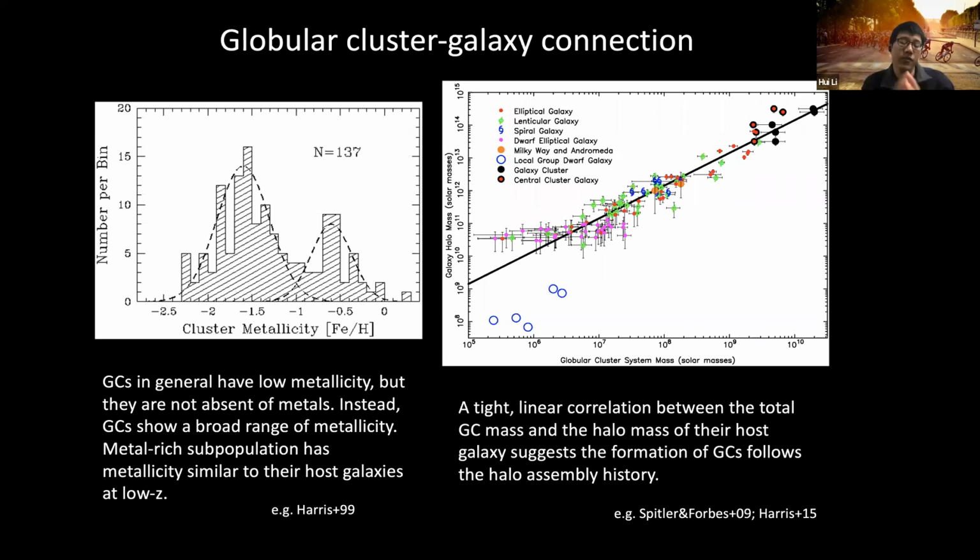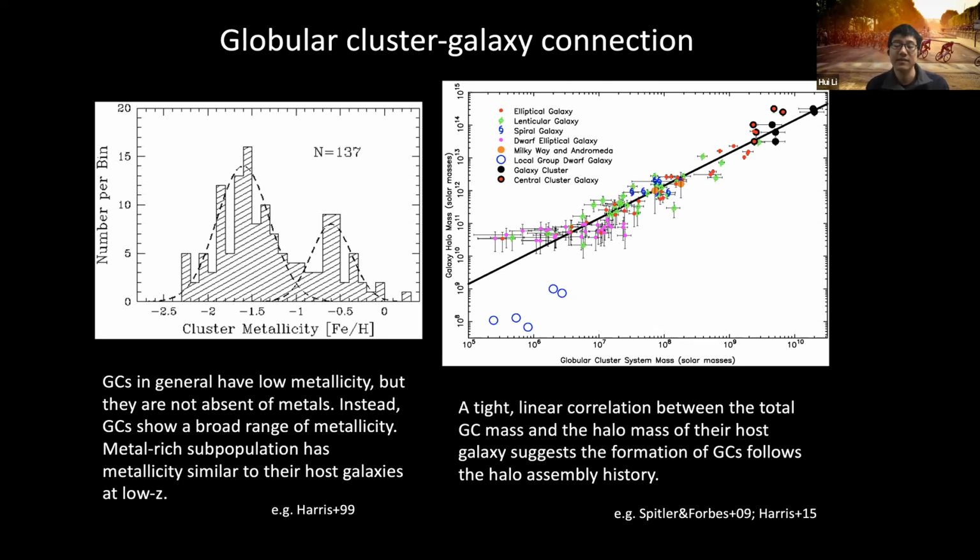As you can see, although many of these clusters are metal poor, they are not metal free, and they have a wide distribution from iron metallicity minus 2.5 all the way up to even solar metallicity. So instead of a very narrow view of extremely metal poor, this broad range of metallicity actually suggests that they co-evolve with their host galaxies.